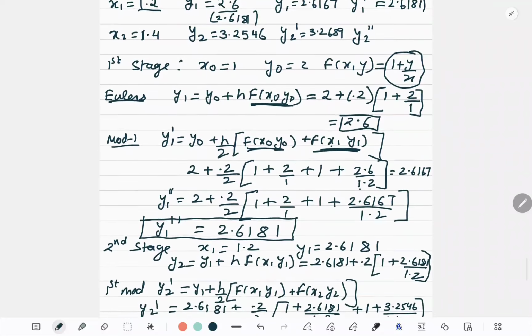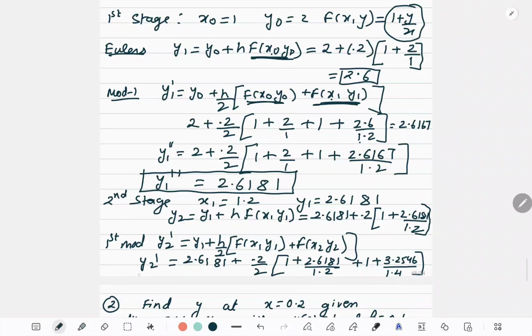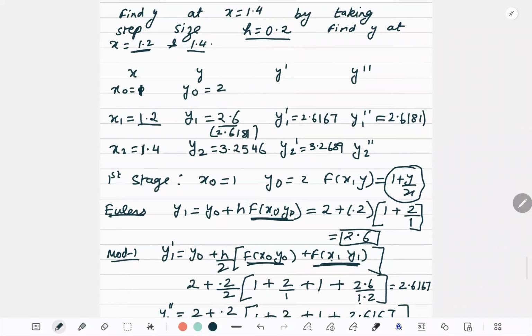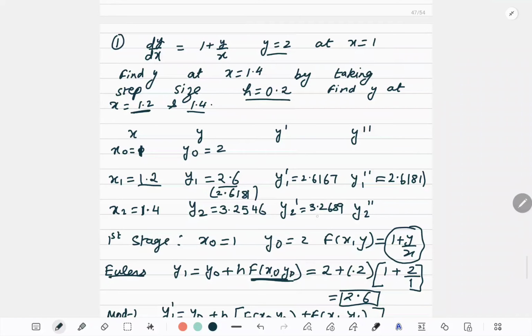Right? Now, in the same formula, I will do y2 double dash. Everything will remain the same. Only in place of this 3.2546, I will substitute my modified value, which is 3.2689. So that will give me 3.2699. And this will be my final answer.